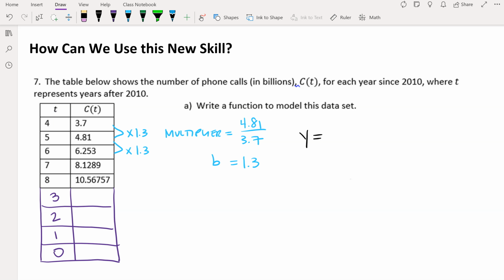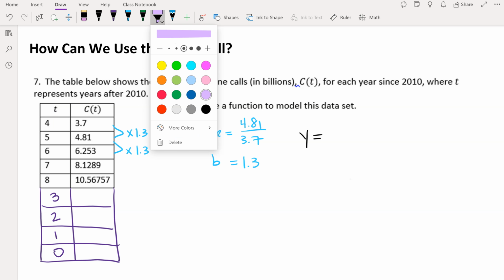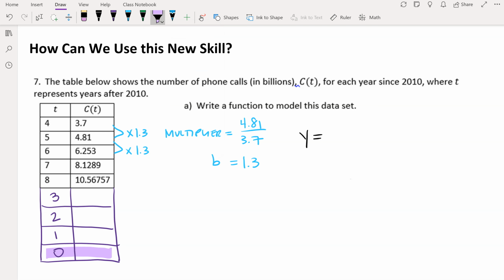And then we're going to have to find the y value where x equals 0 to find the y-intercept. Now, we know that that's the first thing in our equation. Let's go ahead and write the multiplier into our equation just to feel like we're almost there. So y equals the multiplier raised to the x power. 1.3 goes in here. Now we just need our y-intercept.